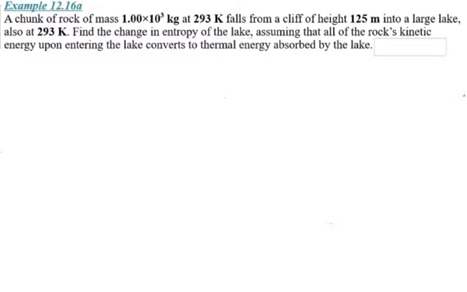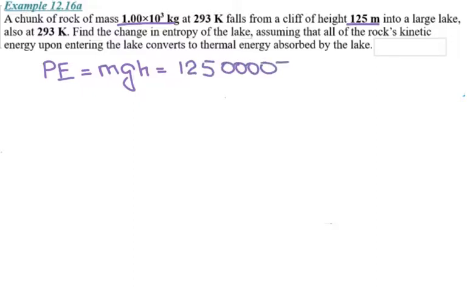So in this case, I'm going to calculate how much energy the rock had initially. That is the potential energy of the rock, mgh. The mass of the rock is 1,000 kilograms, g is 10, and the height is 125 meters. So that will give me 125 and 4 zeros, 1,250,000 joules of energy.